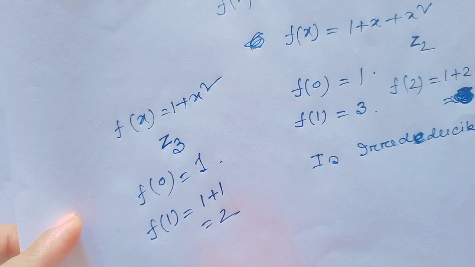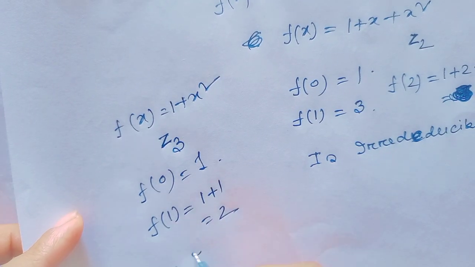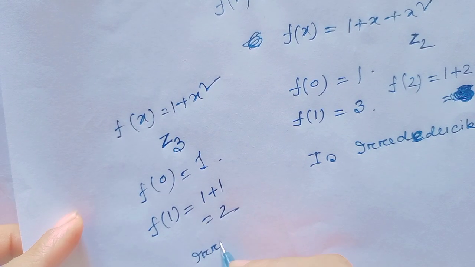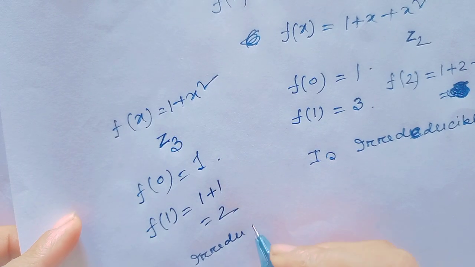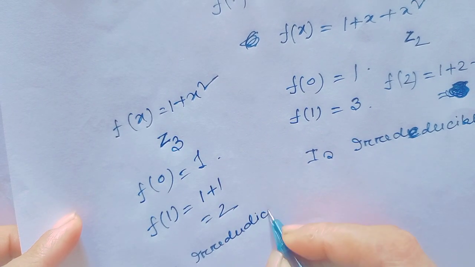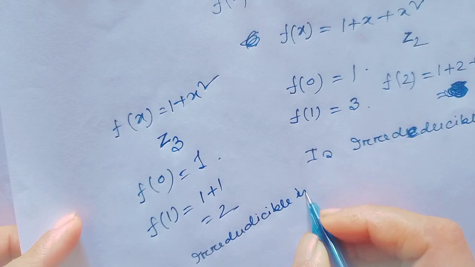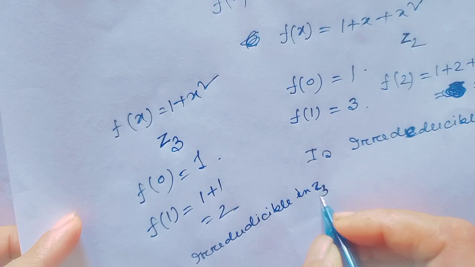So this polynomial f(x) is irreducible in Z3. So option 3 is also a right option.